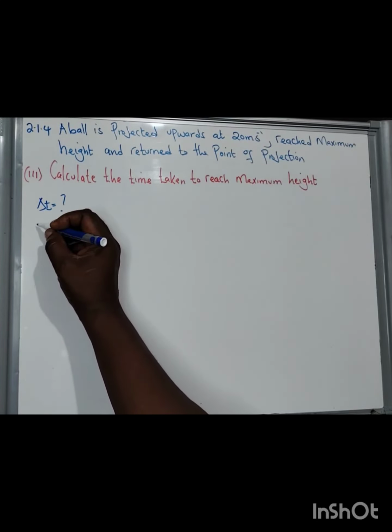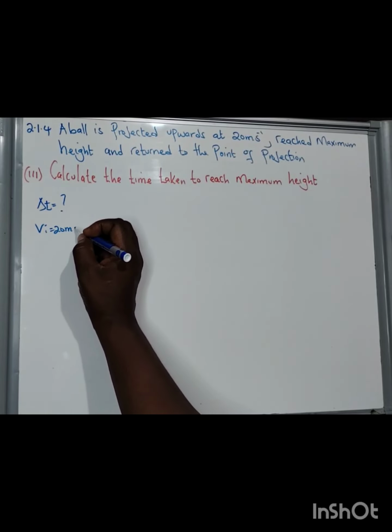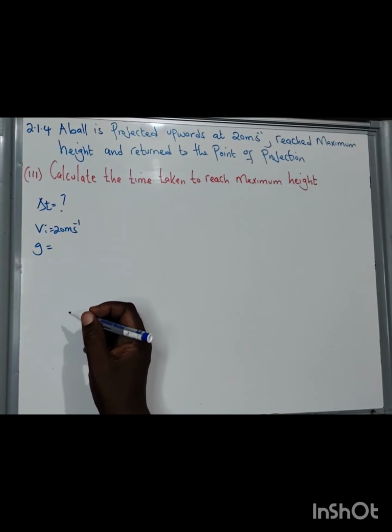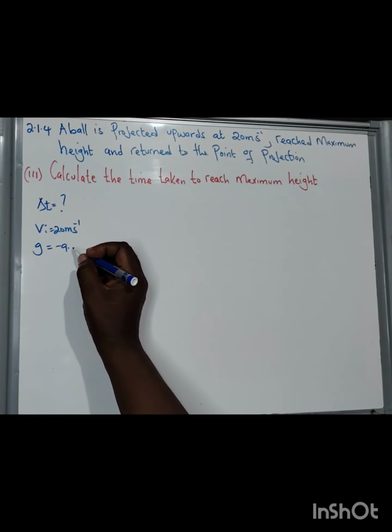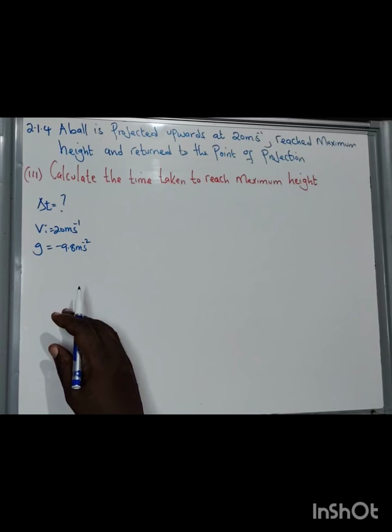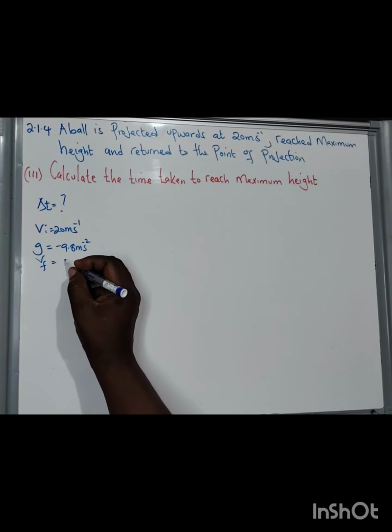So what information do you have? You have VI, which is 20 meters per second. You have G, which is negative 9.8 meters per second squared. And what else do you know? You know VF because they're talking about maximum height.